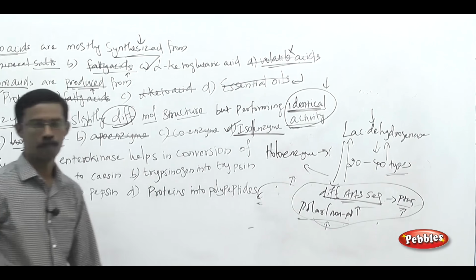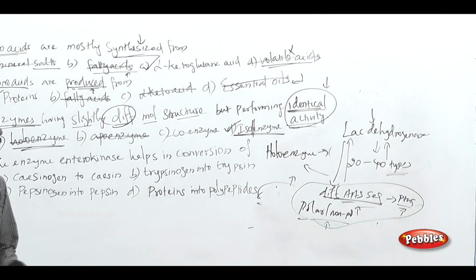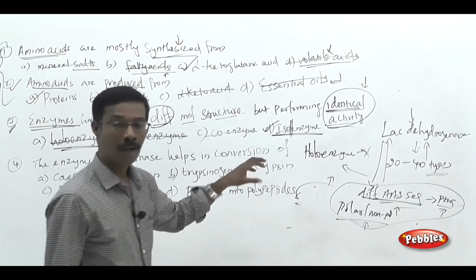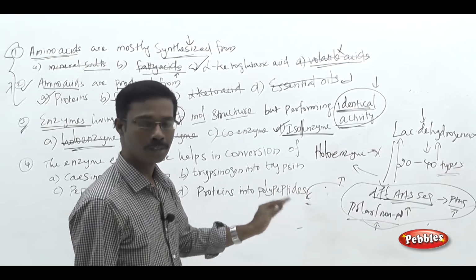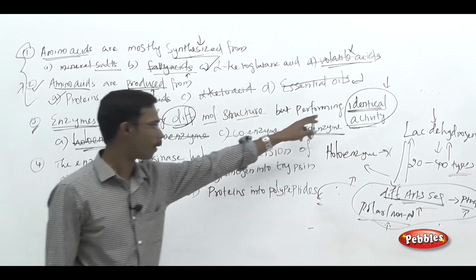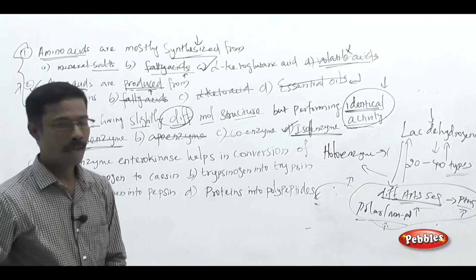Iso means same. So what is an isoenzyme? They are a group of enzymes having different amino acid sequences and different molecular structure, but they possess identical functions or identical activity.